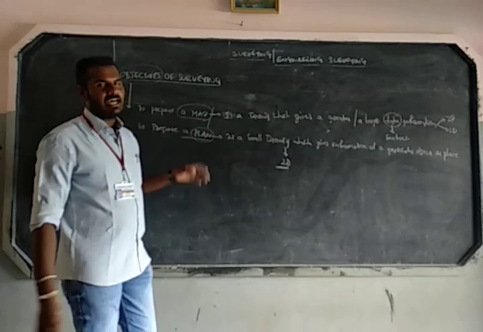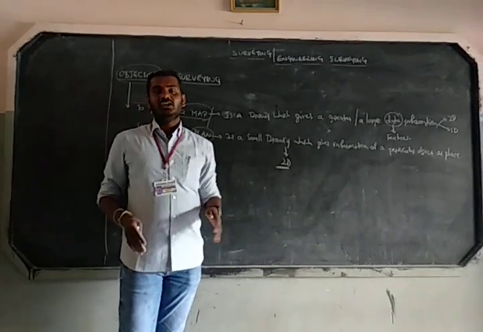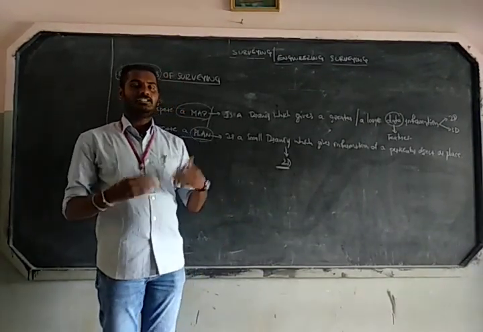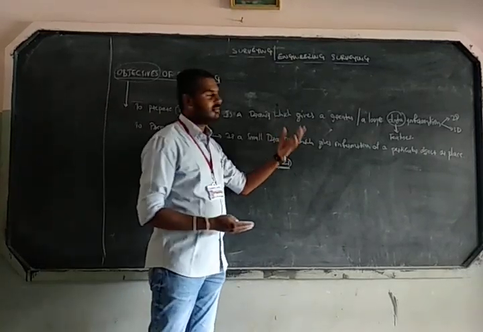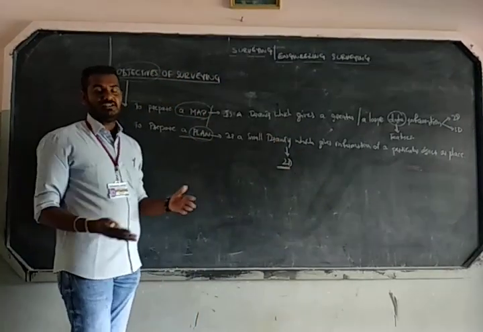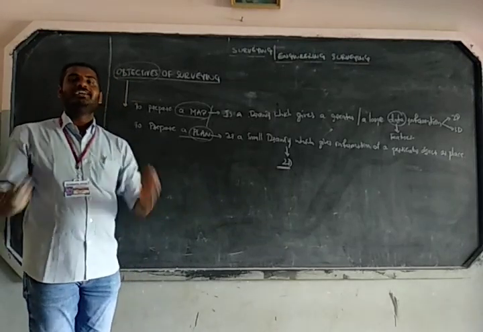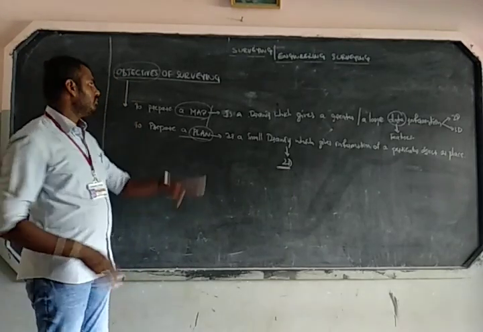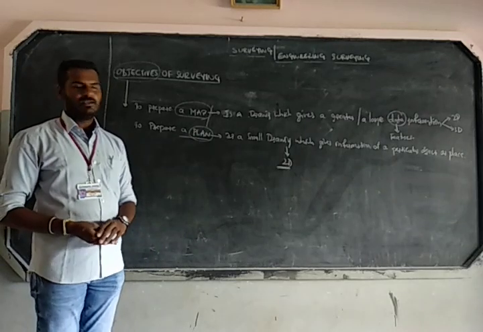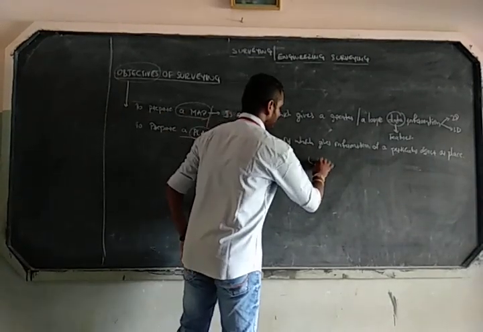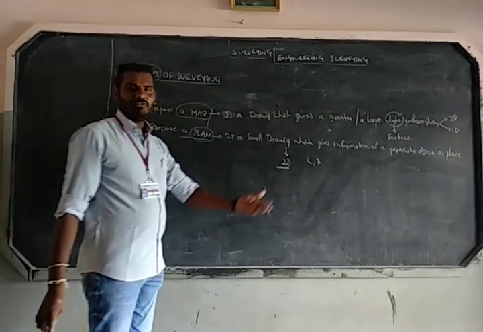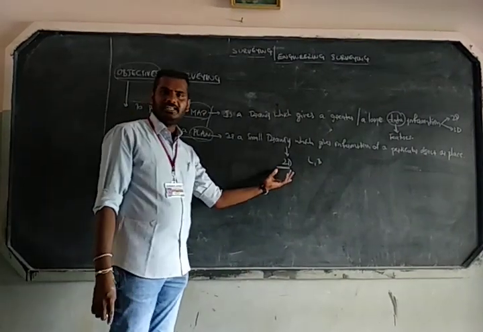A map gives you a large area description, an idea about a greater number of features over the ground level in a small paper. Then we call it a map. The plan has only length and width; we don't have any depth, because it is not in the three-dimensional direction.